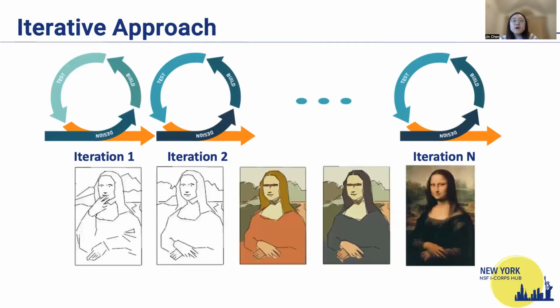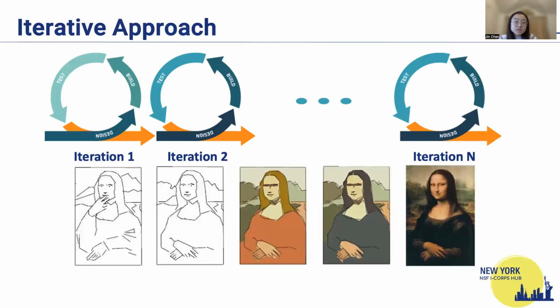So let's see another approach, the iterative approach, which is even more flexible in adapting to changes. Instead of delivering the entire product at once, the iterative approach releases a version of the product in each iteration. So each iteration also contains the design, build, and test phases.